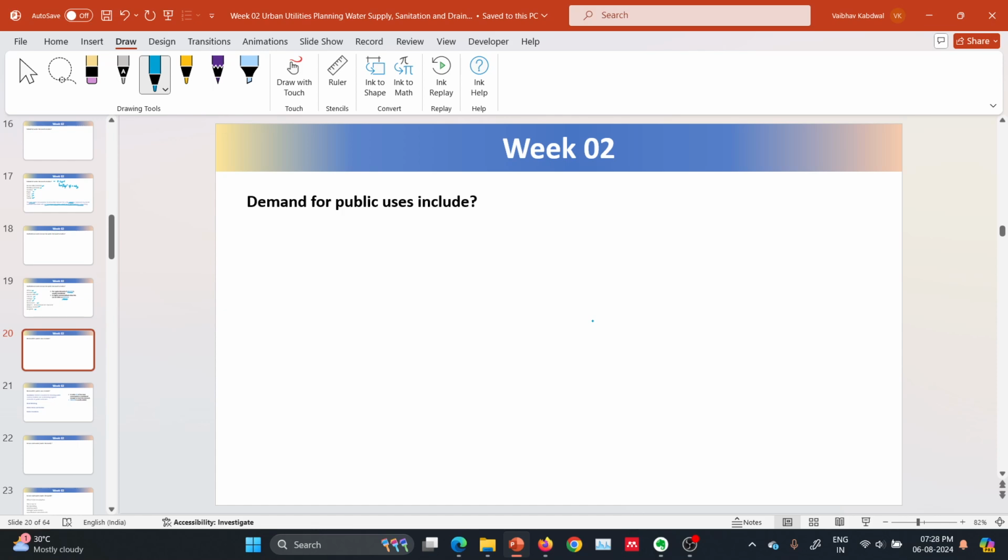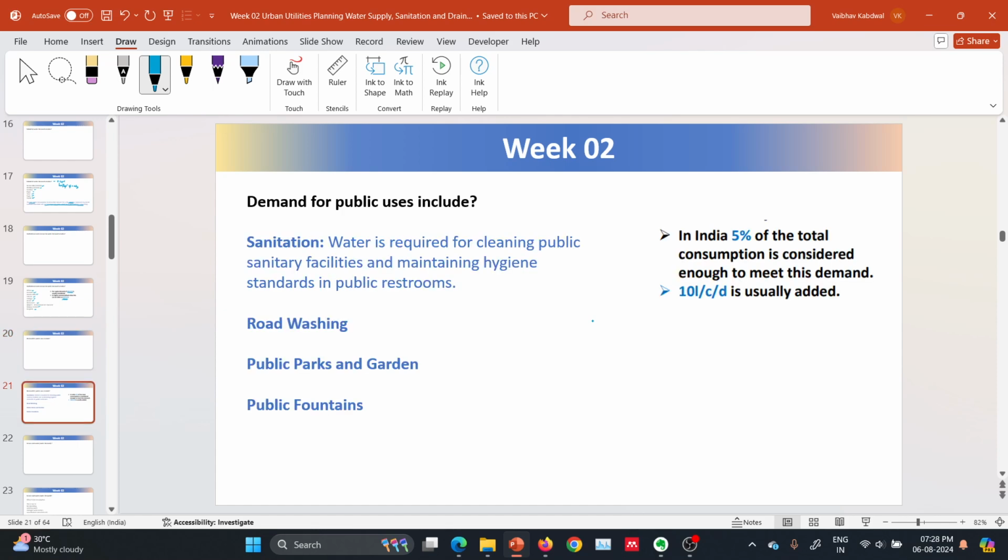What is the demand for public uses? So what is public use? How can we decide which is public use and which is personal use? Public use is defined like, we have roads. So for road cleaning, water is required. That is a public entity.